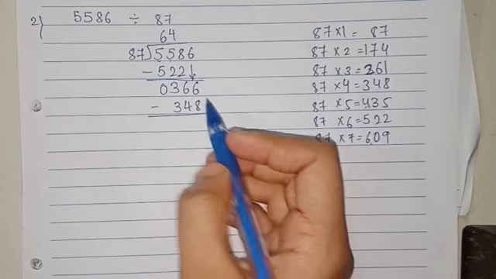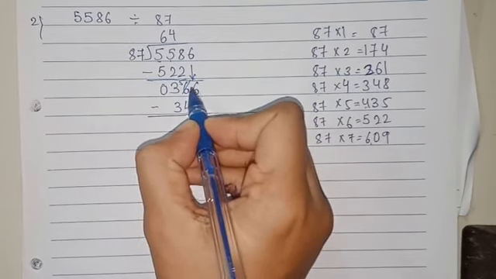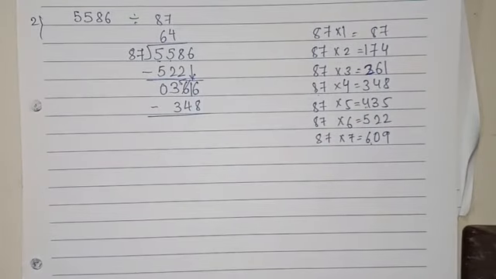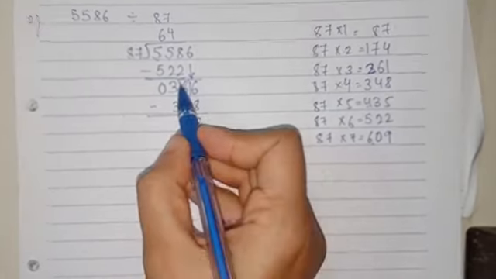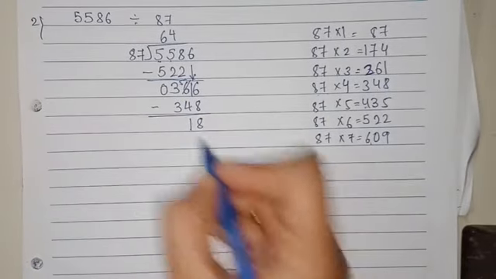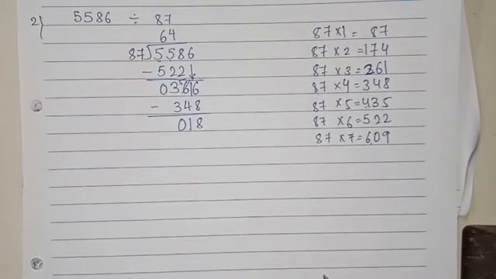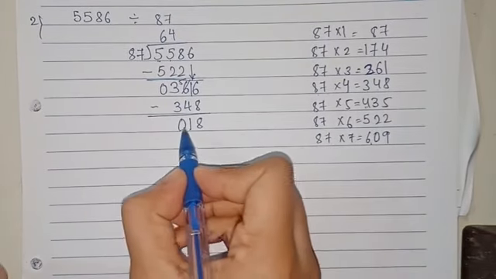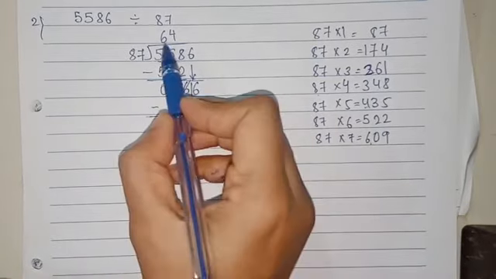So we will borrow from this 6, so 6 will become 5 and this 6 will become 16. Now 16 minus 8 is 8 only. 5 minus 4 is 1 and 3 minus 3 is 0. Done. So we get remainder 18 and quotient 64.